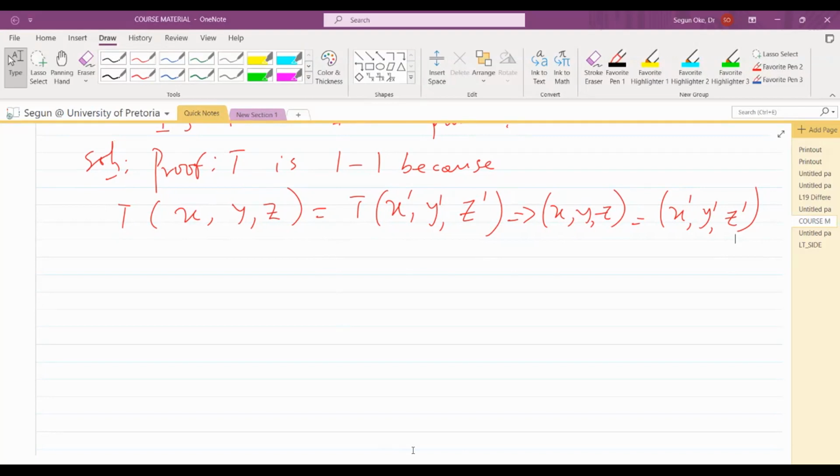And you can see that none of them maps to two elements. Two elements do not map to one element at the same time. That's what makes it 1 to 1 mapping. But in this case now, we already established that we have X, Y, Z, and it also maps to X prime, Y prime and Z prime.